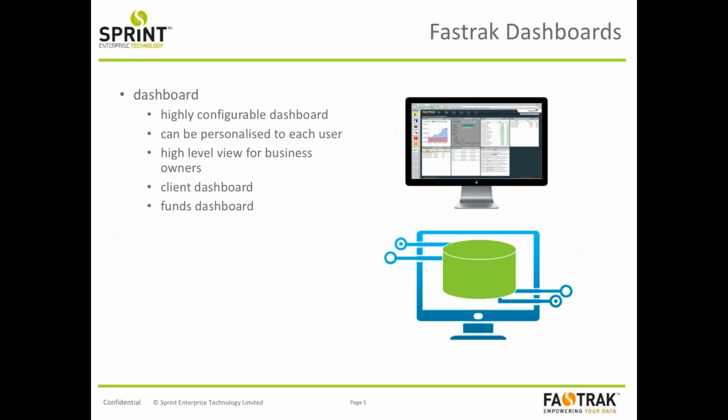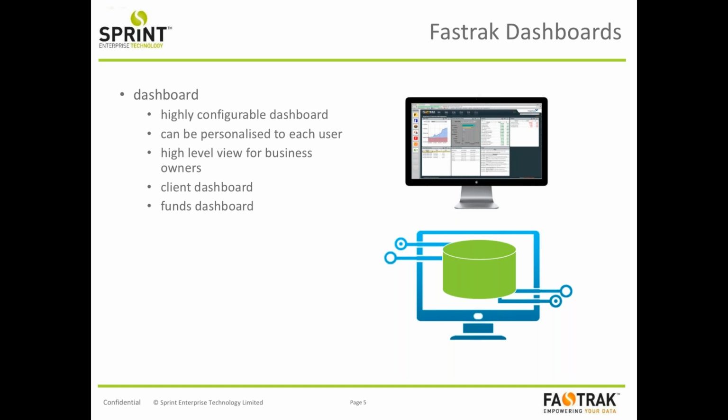into Voyant. Once we've got that data, we give you some functionality within Fastrak that allows you, where we've collated that data, to get some brief overviews. So we give you what we call Fastrak Dashboards, which are highly configurable. Every person in the business can have their own login to Fastrak, which means they can configure what they see.